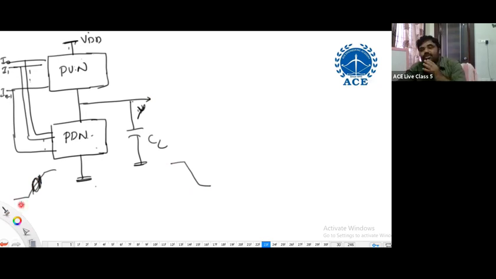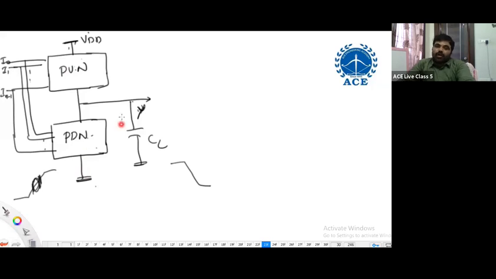So in that duration also there will be power dissipation. It happens only while inputs and outputs are switching. That's the reason it is considered dynamic power. So there is a possibility of a path from supply to ground when inputs and outputs are switching.